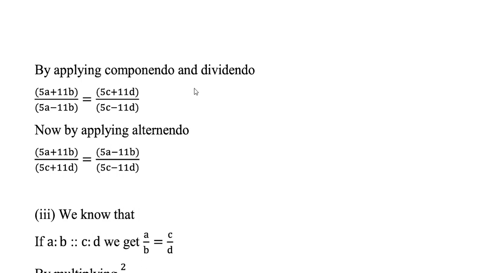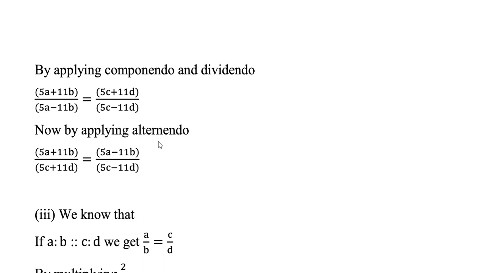After that, applying componendo and dividendo, that is, addition divided by subtraction, (5a + 11b) divided by (5a - 11b) is equal to (5c + 11d) divided by (5c - 11d).